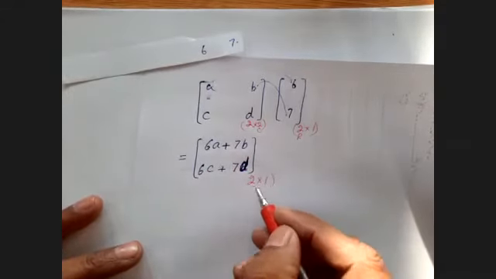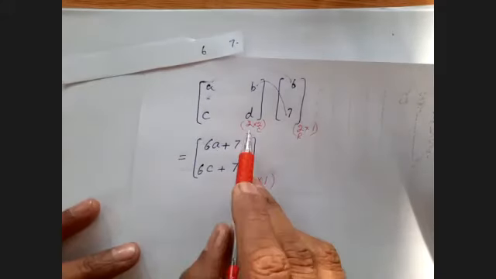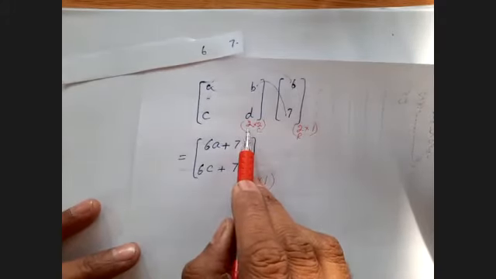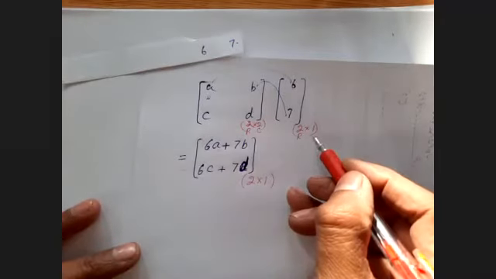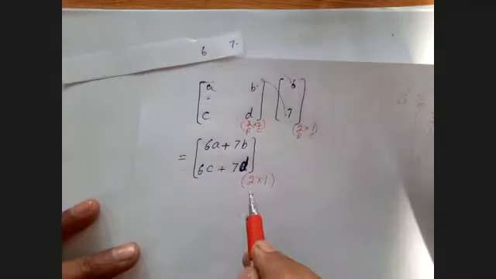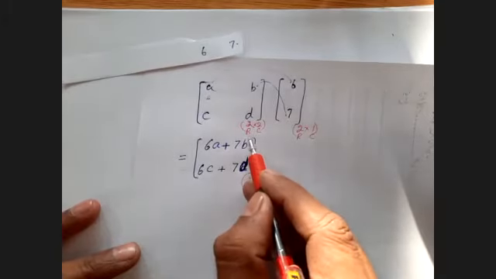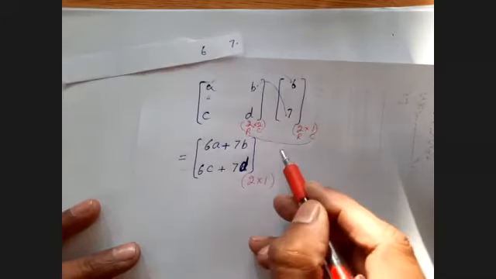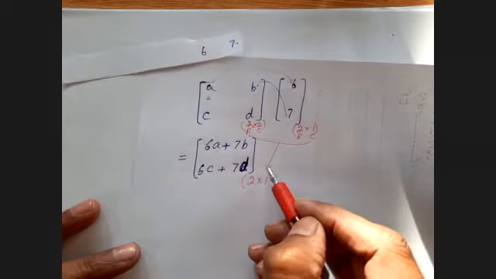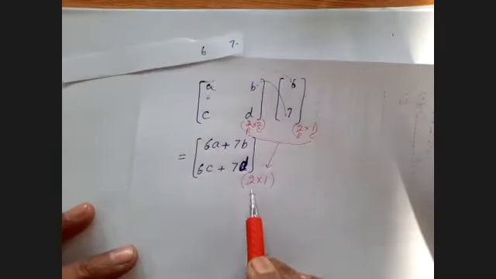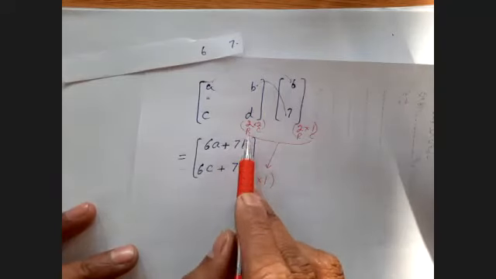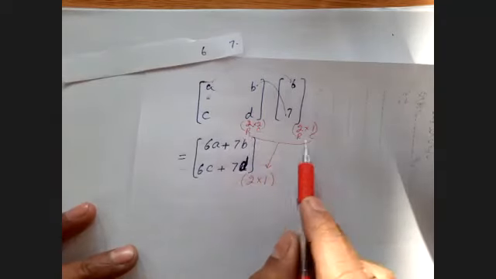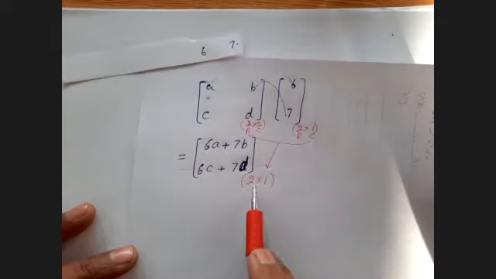Now it is very important to observe this. You can see that this is the row of the first matrix and this is the column of the second. So this is the order of the resulting matrix, in which the rows of the first and the column of the second are combining like this.